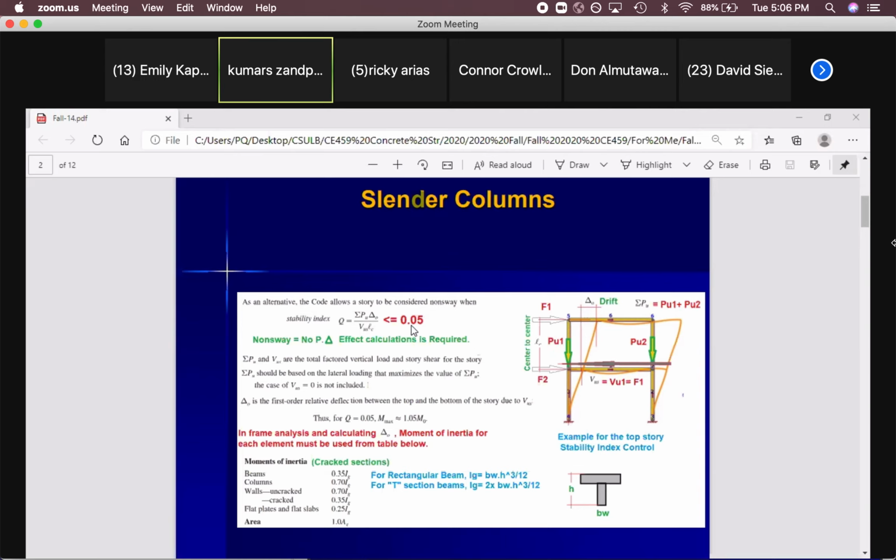If this is less than or equal to 0.5, you can consider that a braced frame, even if there is no shear wall or bracing on that story. If it's greater than that, you should consider it a non-braced frame, even if we have bracing or a shear wall in that story.